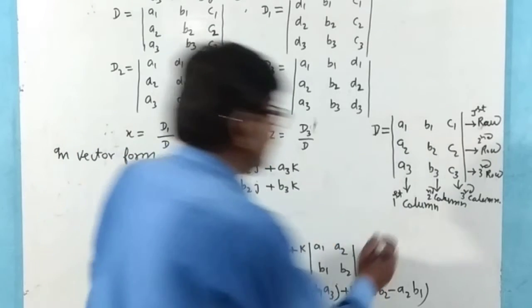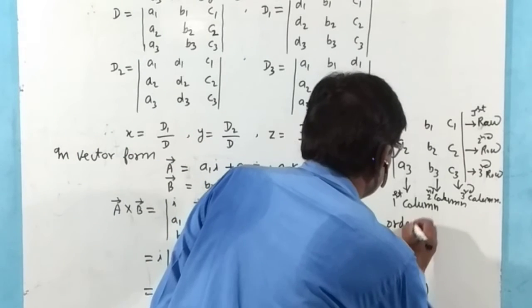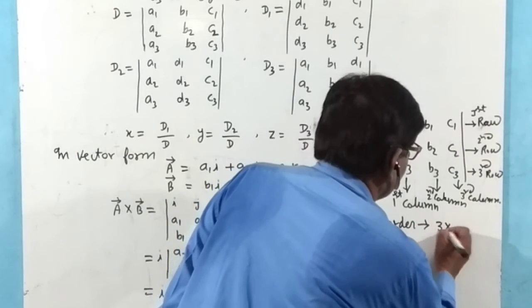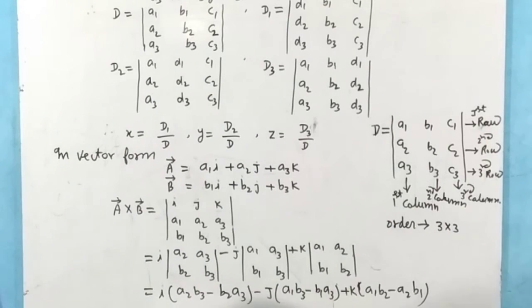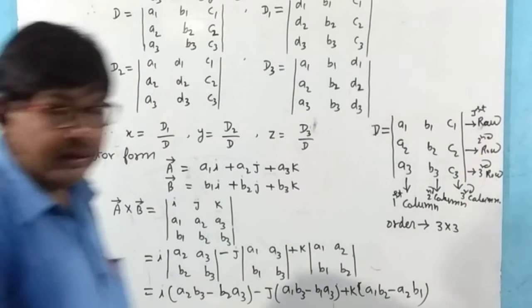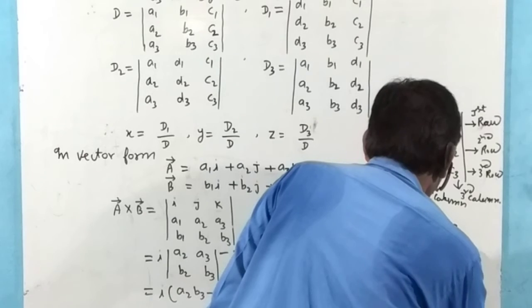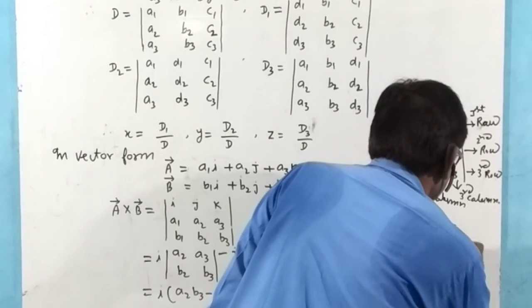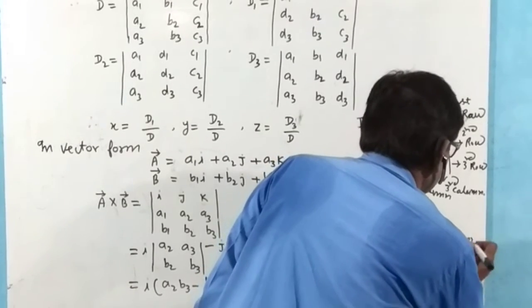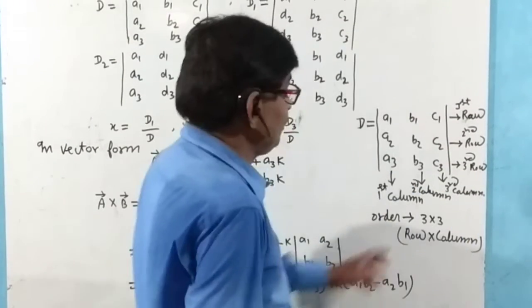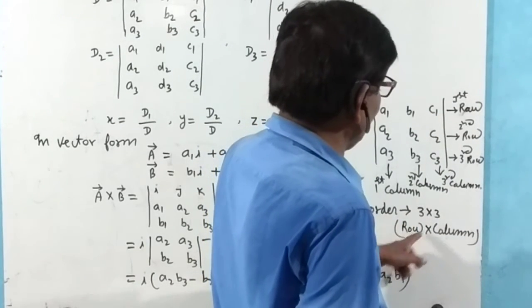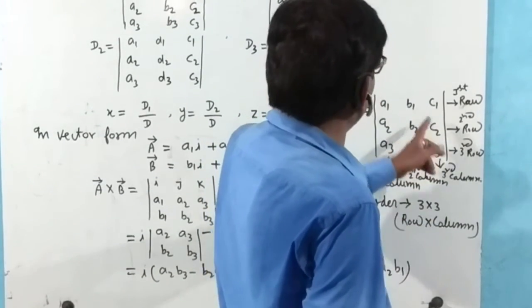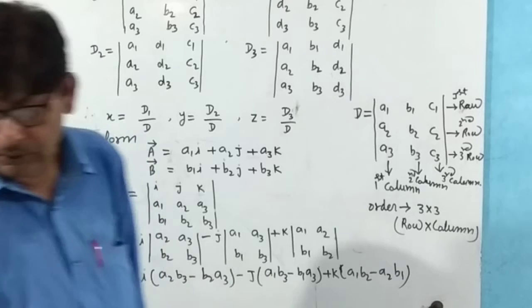The order of this is 3 cross 3, that is row by column. Order 3 cross 3 means there are 3 rows and 3 columns in this determinant.